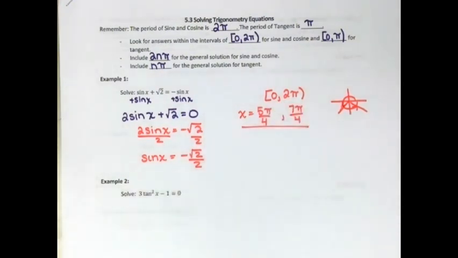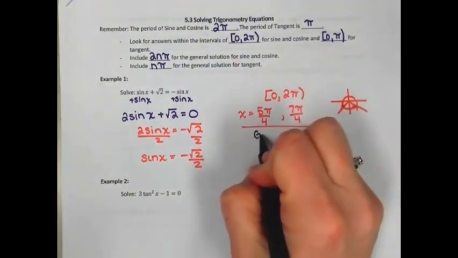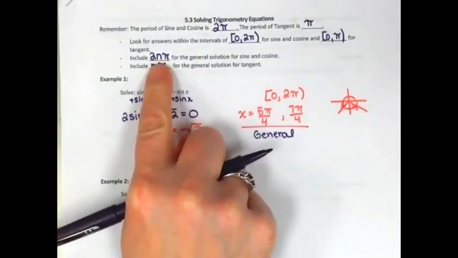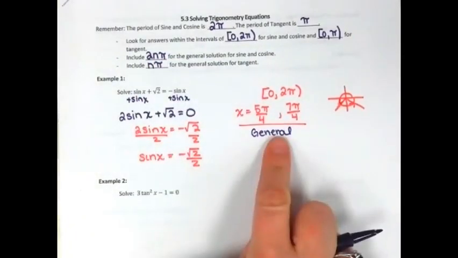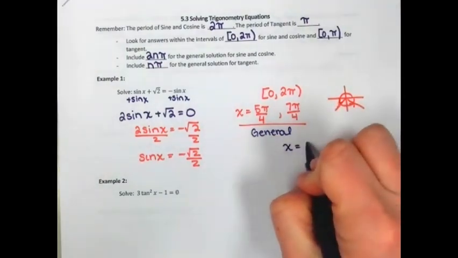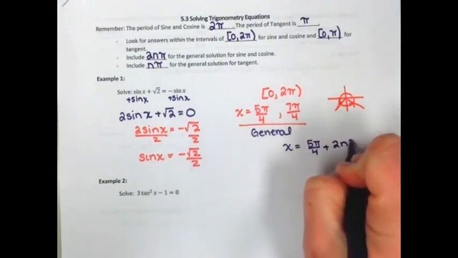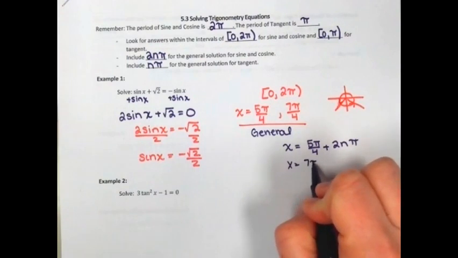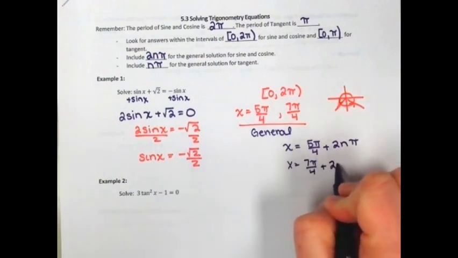But because we want to include every single solution, the general solution is where you're going to add the 2n pi to every single one of our answers. Okay. So the general solution is 5 pi over 4 plus 2n pi, and 7 pi over 4 plus 2n pi.